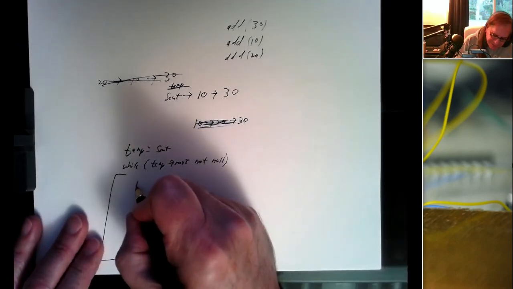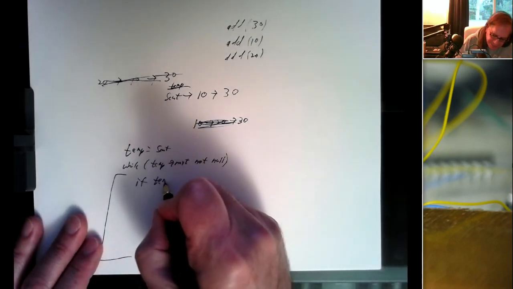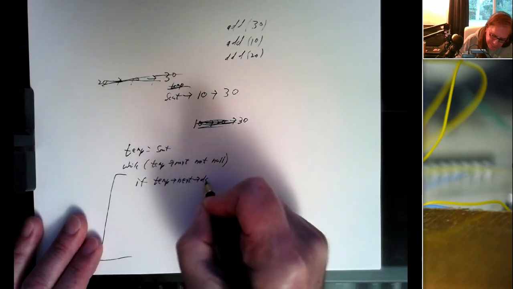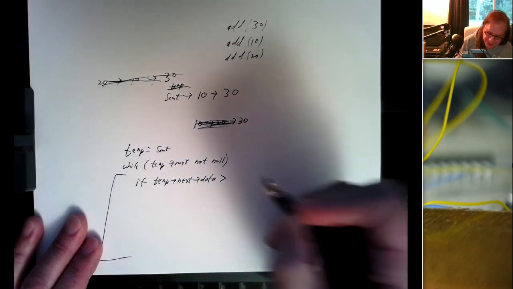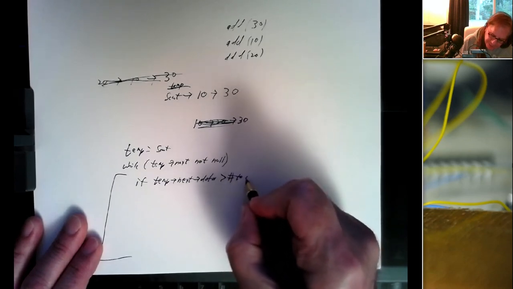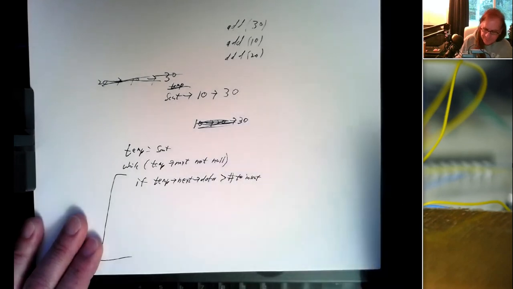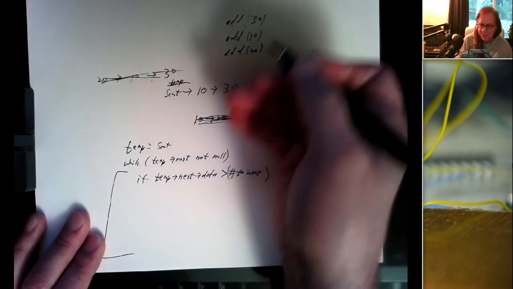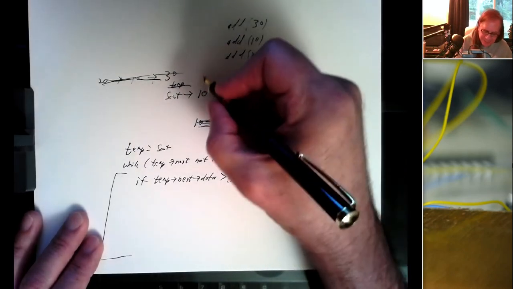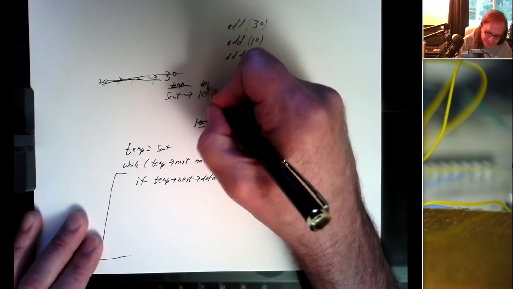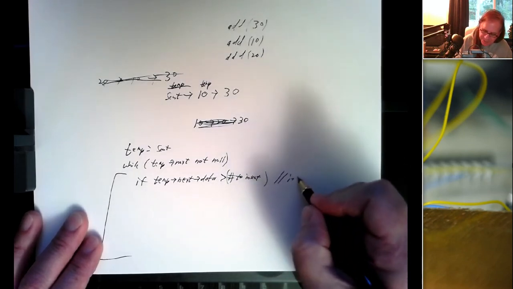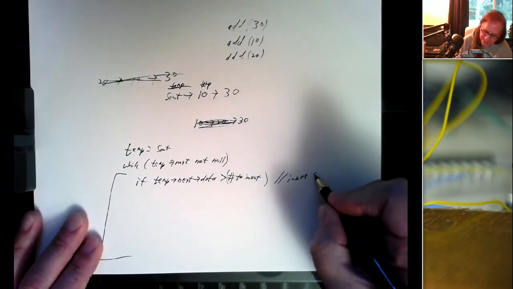We want to say if temp next data is bigger than the number to insert, so 20 in this case, then that means that temp would be sitting right here. Temp next data is bigger, so we want to insert after temp.